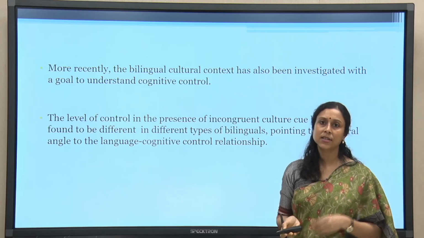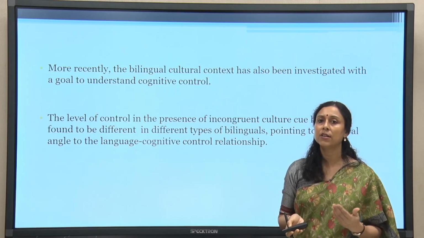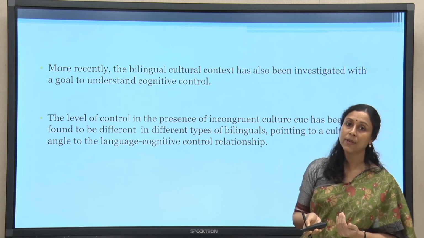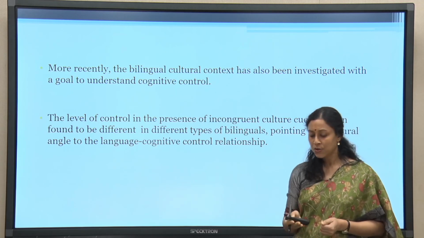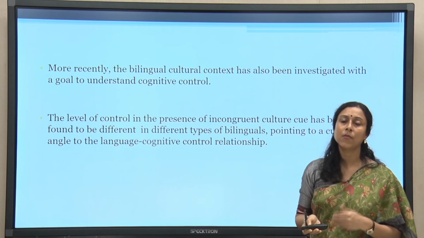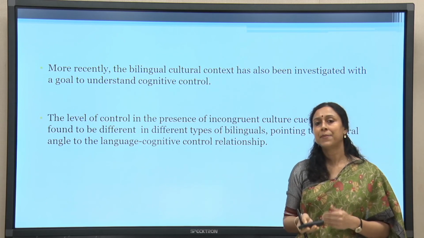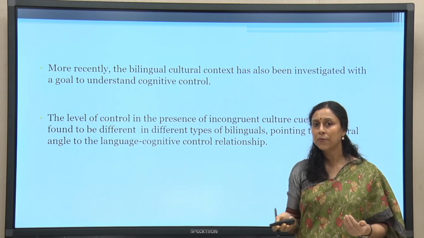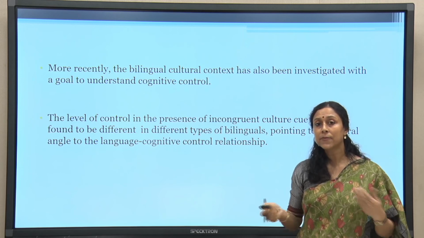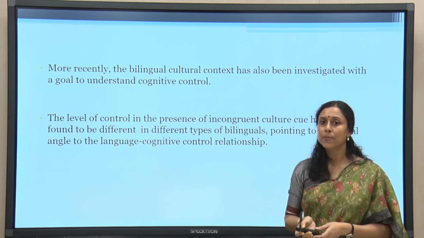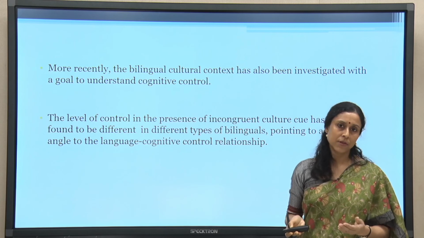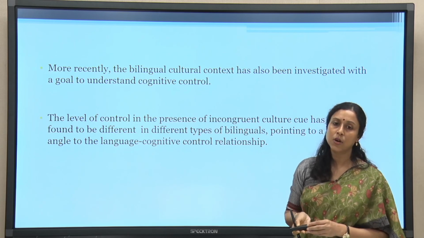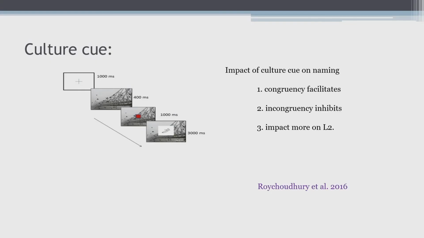So, it is not just the fact of being bilingual; not all bilinguals show the same kind of control mechanism. So, is it only the abstract kind of just speaking two languages, or is it certain other factors that are part of being part of a community, a speech community, part of speaking a language, and so on, that is now getting investigated.